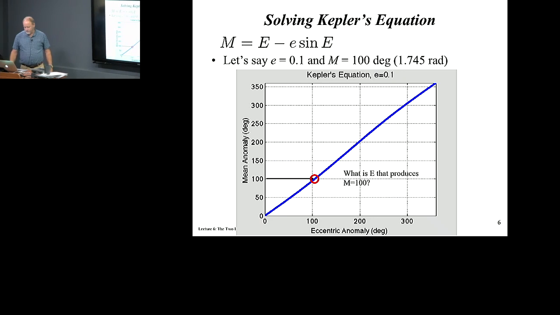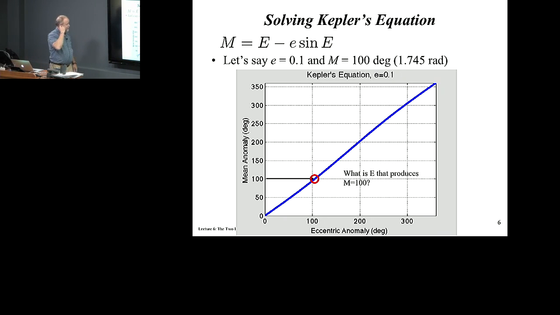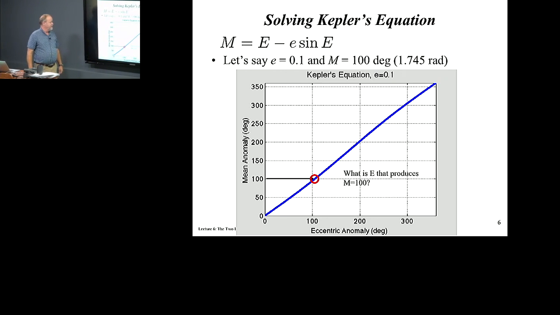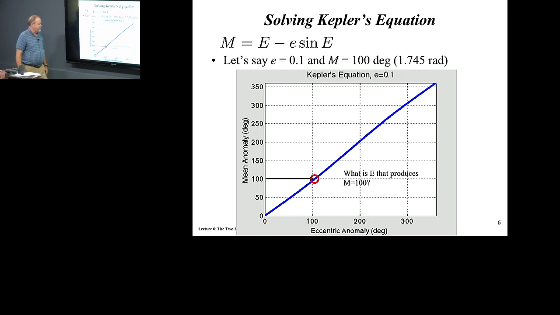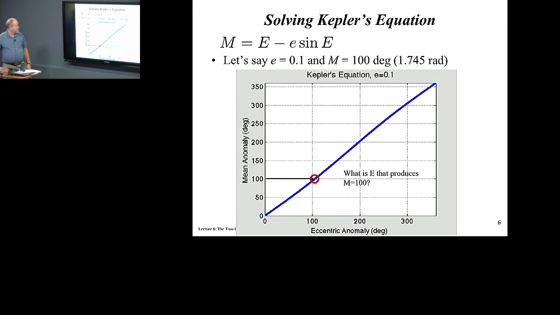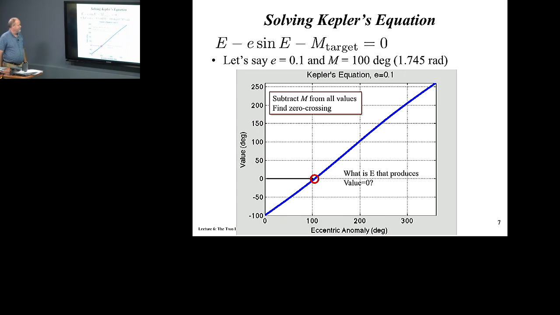So let's say we have an eccentricity of 0.1 and a mean anomaly of 100 degrees. We want to know what eccentric anomaly corresponds to a mean anomaly of 100 degrees. One way to do that is to, first of all, move M over to the other side of the equation and call that M target, or M initial, or whatever you care to call it.